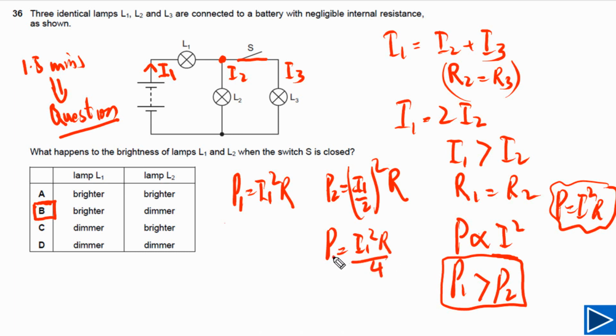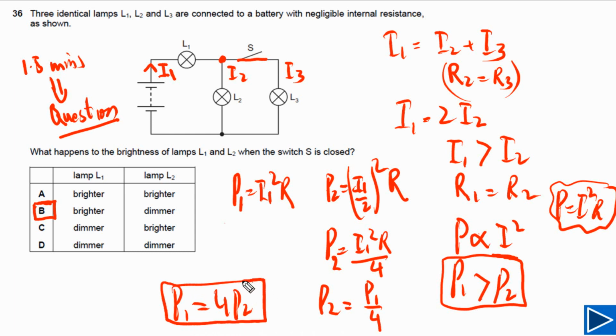So this one is P2. P2 is equal to P1 by 4. It means P1 is equal to 4 times P2. So P1 is 4 times brighter than P2.